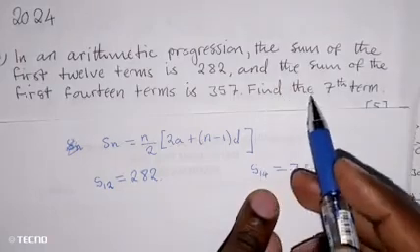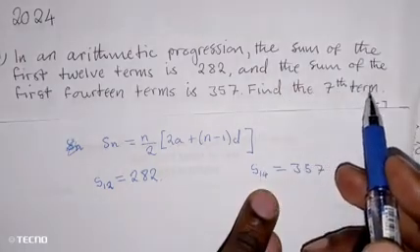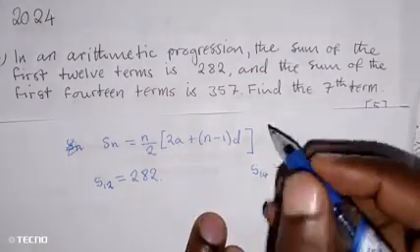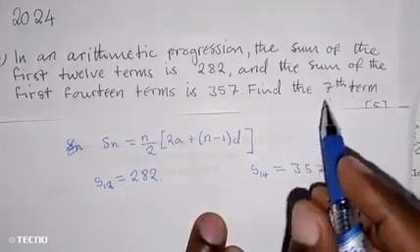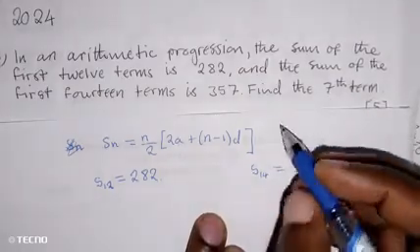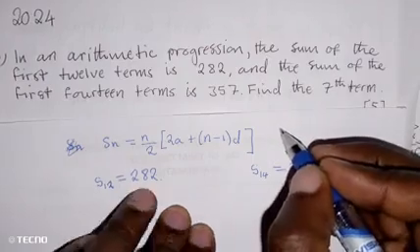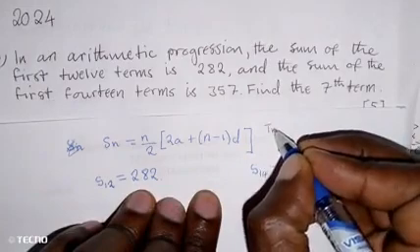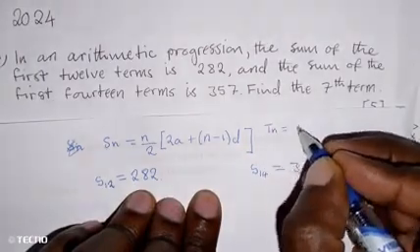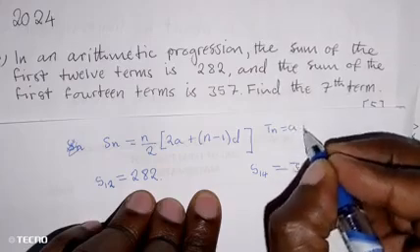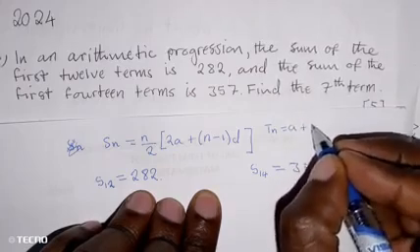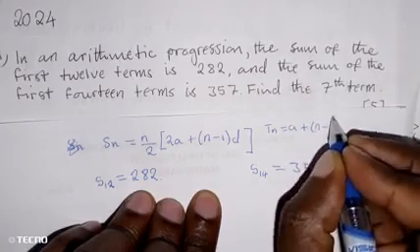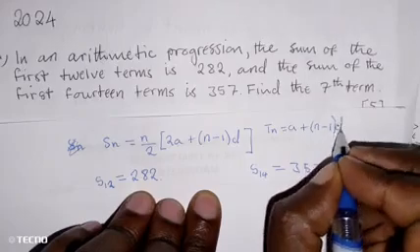The question is to find the seventh term, and the formula for the nth term is Tn equals a plus open bracket n minus 1, close, then d.